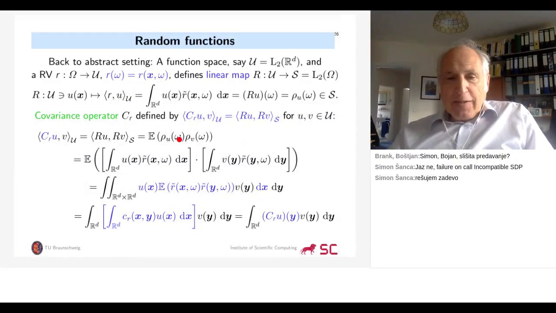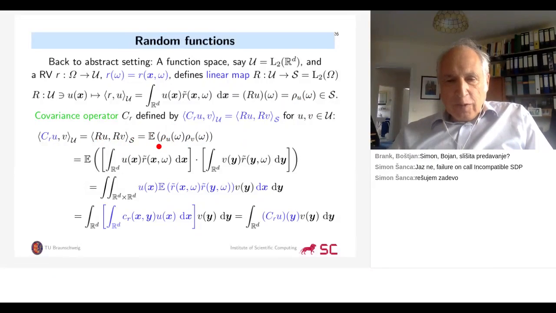Now the covariance operator was formally defined like this here, and let's write this down and start computing what it is. Well, we know R of u is this little r of rho_u. So we take rho_u times rho_v and then take the expected value. This is what this inner product is.